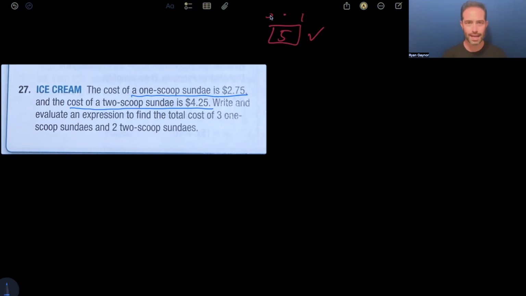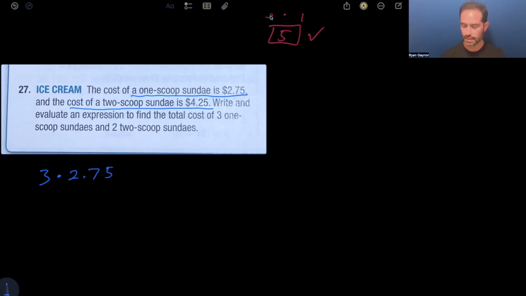So let's dive right into it. We are going to write and evaluate an expression to find the total cost of 3 1-scoop sundaes, right? Well, that's going to be 3 times $2.75, right?